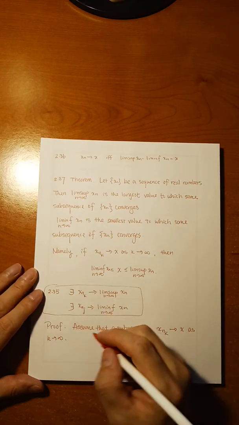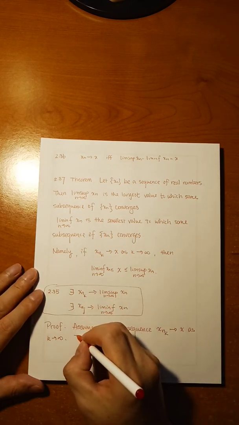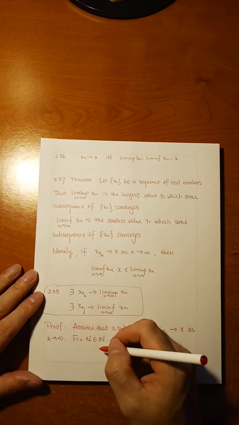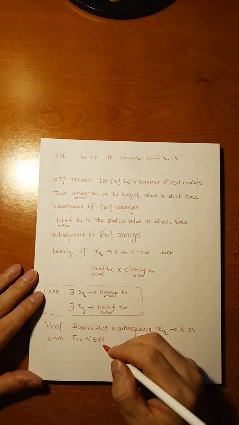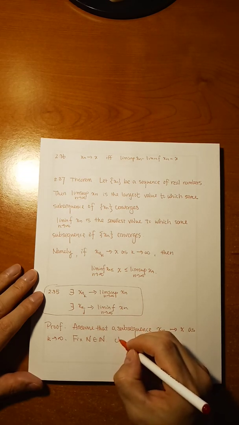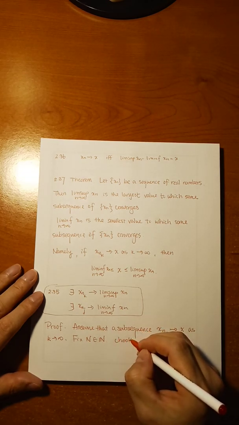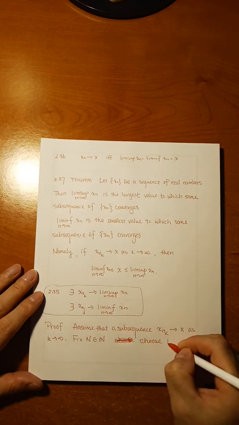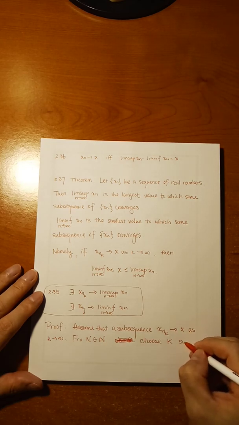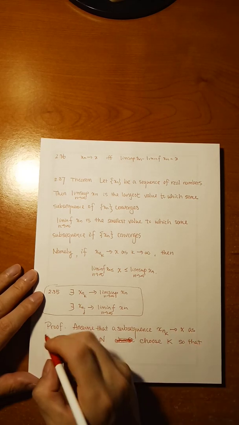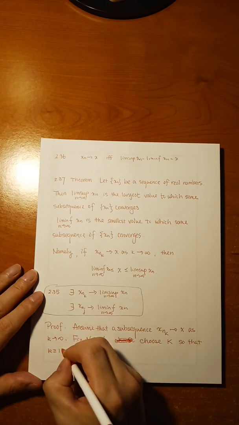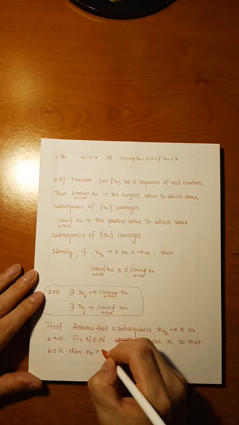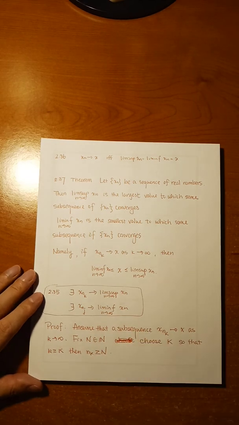Then fix capital N in the natural numbers, and we choose capital K so that for little k greater than capital K, n sub k is greater than or equal to capital N. Okay?